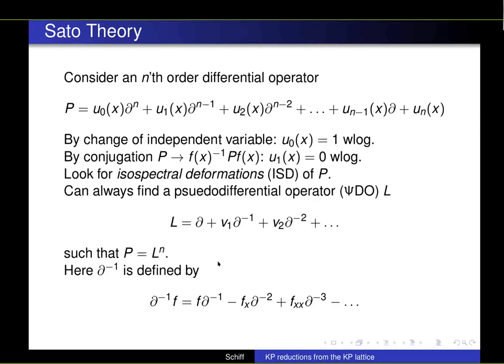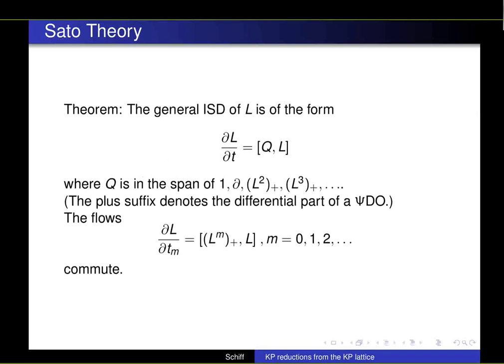So Sato and his group found that instead of studying differential operators of order n for different n's, it was in fact sufficient to study one universal object, the first order pseudo-differential operator. And here's the main theorem that says the general isospectral deformation of L, and I'm not telling you exactly how an isospectral deformation is defined, but the general notion should be clear.